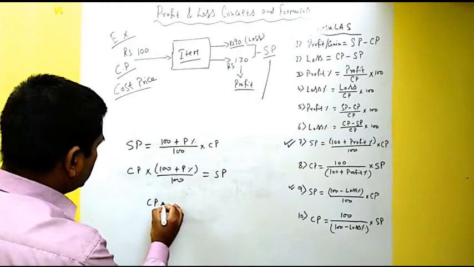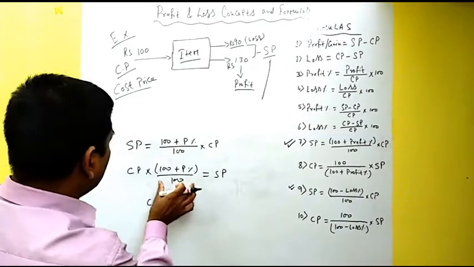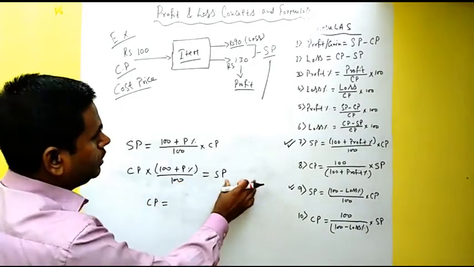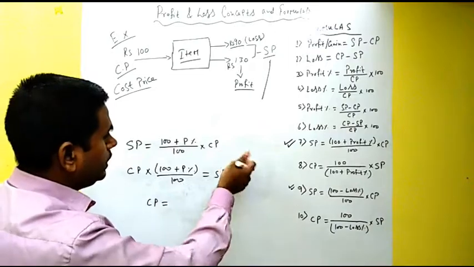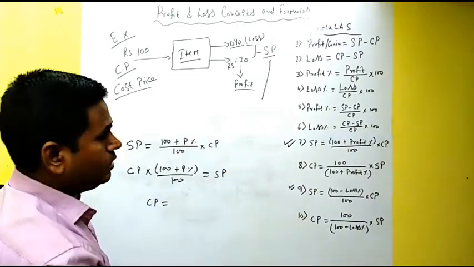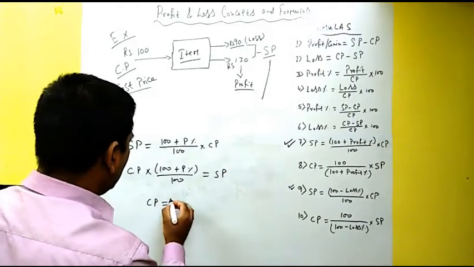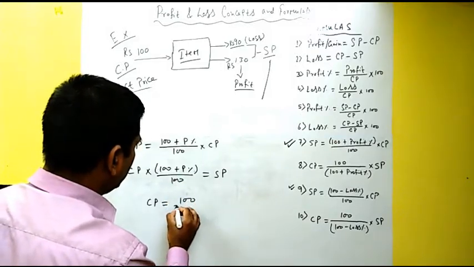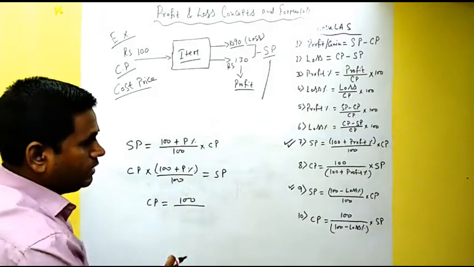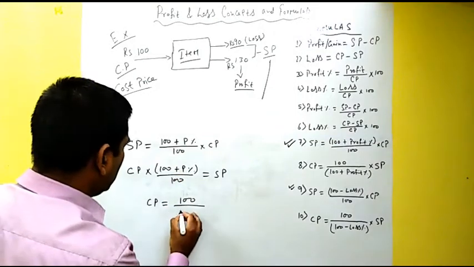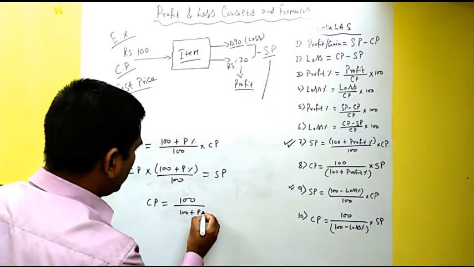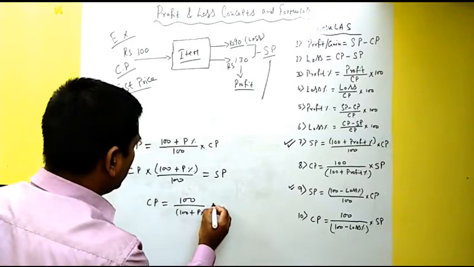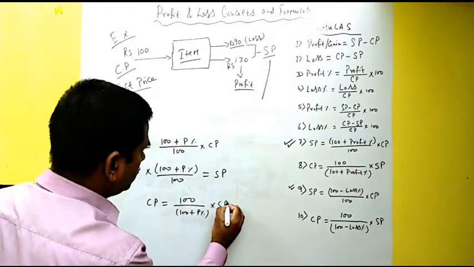Now cost price is equal to, this fraction goes to the other side of the equal to sign. It will obviously become reverse order, isn't it? The numerator will become denominator, denominator will become numerator. So 100 goes up and down, you will have 100 upon (100 plus profit percent) multiplied with selling price.